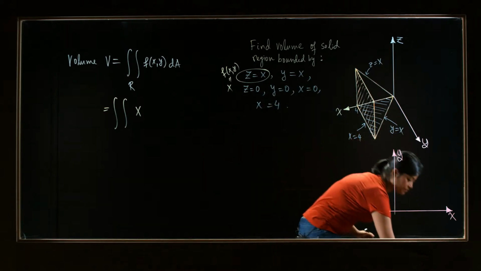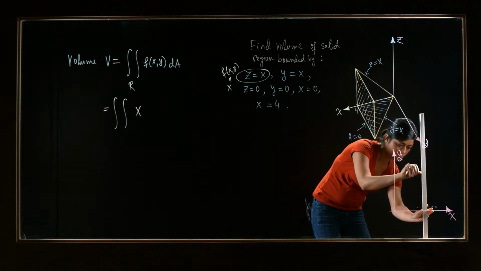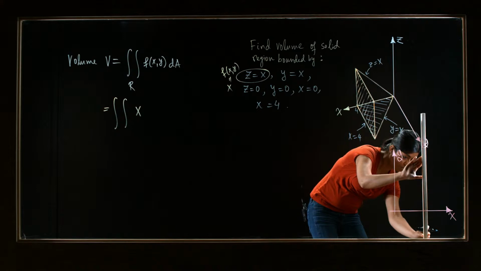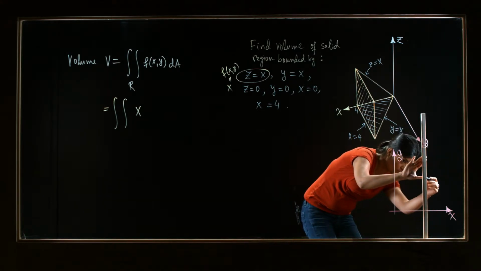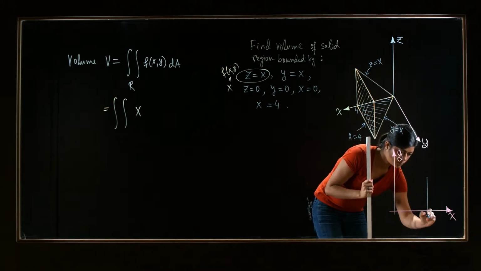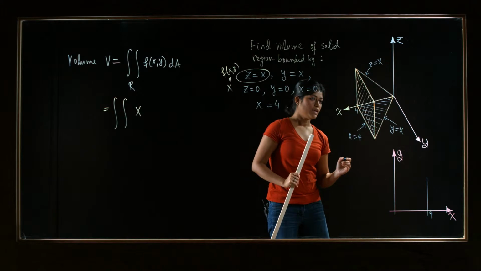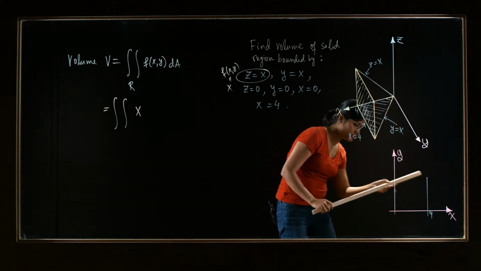So, let's draw. Say x equals 4 is somewhere here. Okay. And then we have this line, that's y equals x, right?